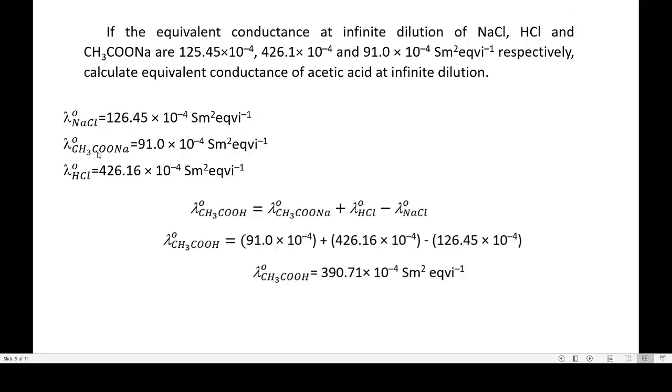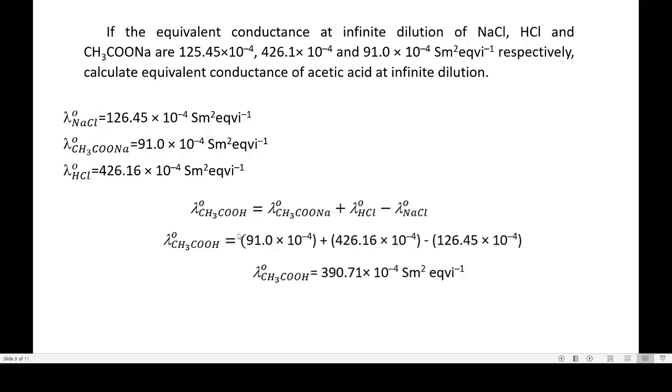For HCl, it is 426.16, whereas for sodium acetate, it is 91.0 into 10 to the power of minus 4 Siemens meter square per equivalent. So these are the given values, that is equivalent conductance of strong electrolytes at infinite dilution.